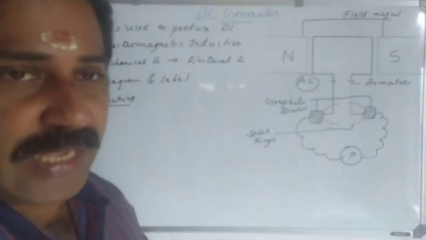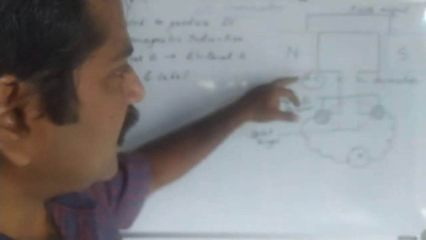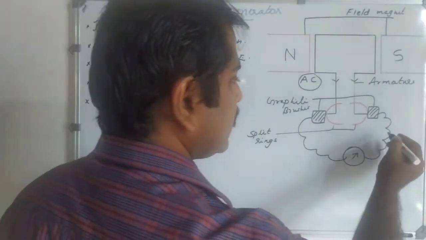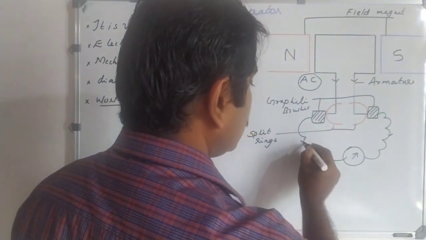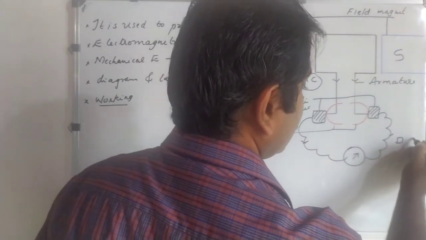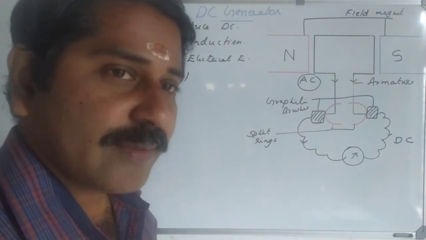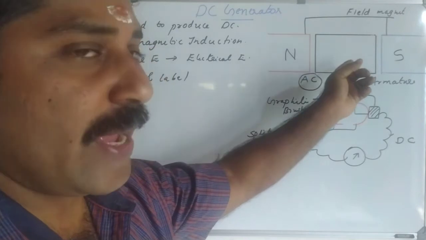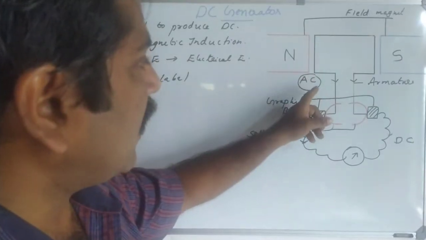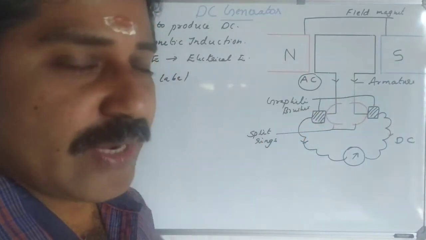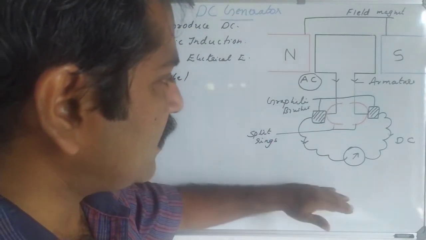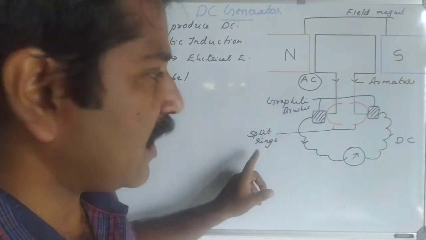This system helps us convert the induced AC into DC in the external circuit. When it passes through this conductor, it becomes DC. So when the armature revolves inside the field magnet, AC is produced inside the armature, and this AC is converted to DC with the help of split rings and graphite brushes.